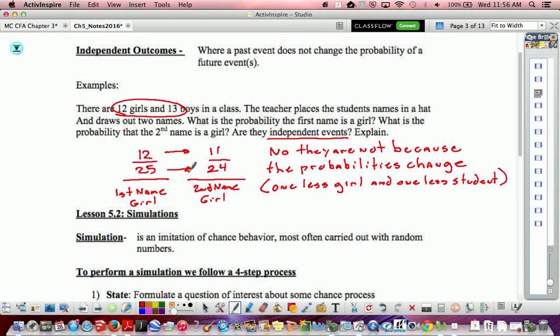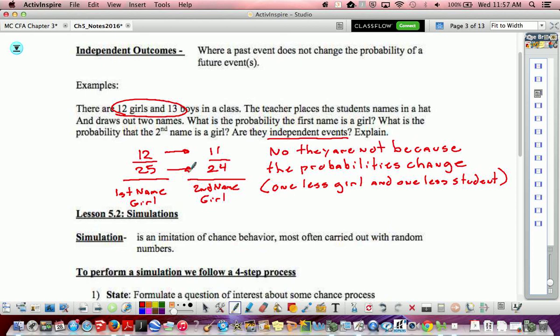So what can happen sometimes when we look at probabilities and certain outcomes and events, in this particular case, when you draw 2 names out at once, you're not putting that first name back into the hat to get chosen again. So sometimes we call this sampling without replacement.